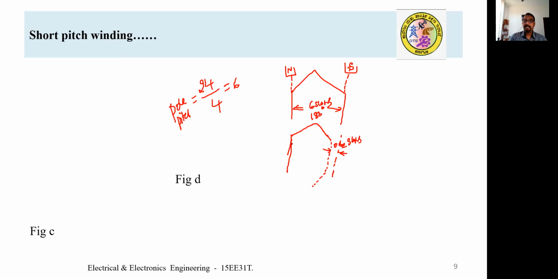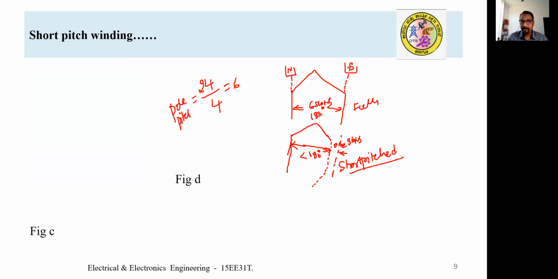That means the coil span is less than 180 electrical degrees. Then the winding is called a short pitched winding. Such windings are called short pitched windings.